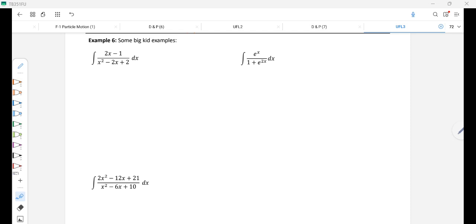So I heard a U squared. What would you make your U squared? E to the 2x, yeah. If you make your U squared e to the 2x, then what's your U? E to the x, yeah. So watch out for things being squared, and especially in this case with e to the 2x, this is kind of testing that you realize that e to the 2x is the same as e to the x, but squared, because that's exponent rules.